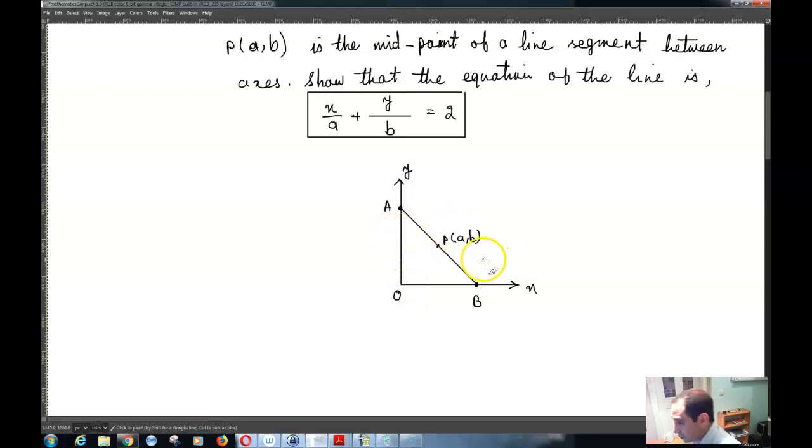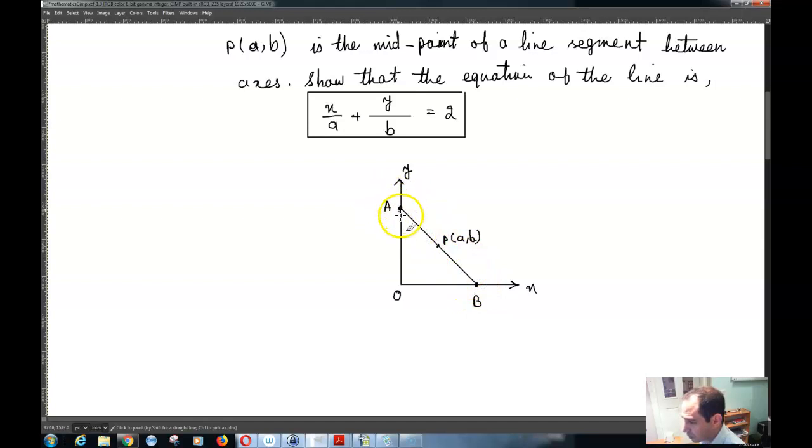So now the way that you can solve this problem is that you know this point is the midpoint of these 2 points.